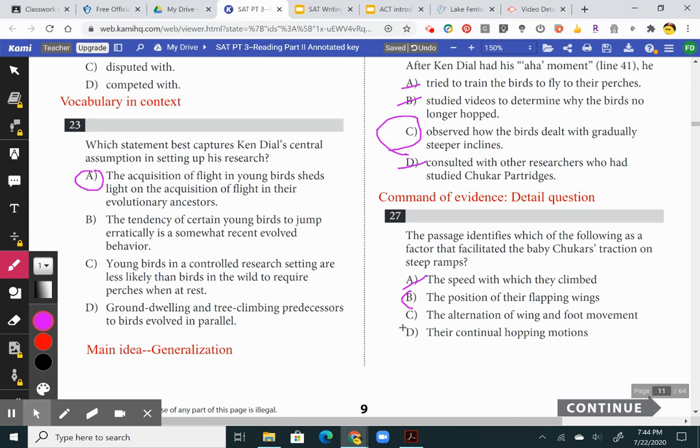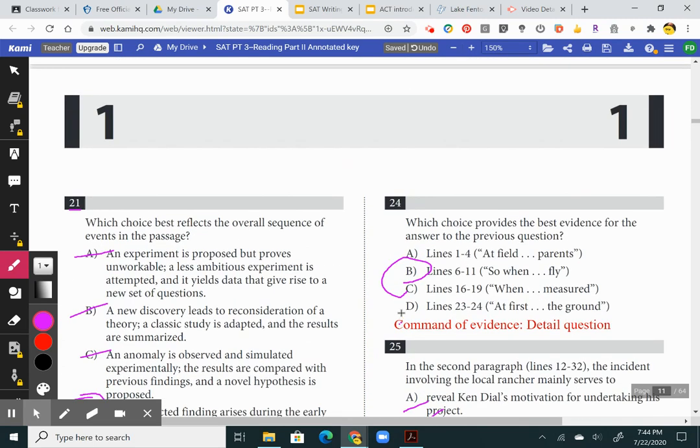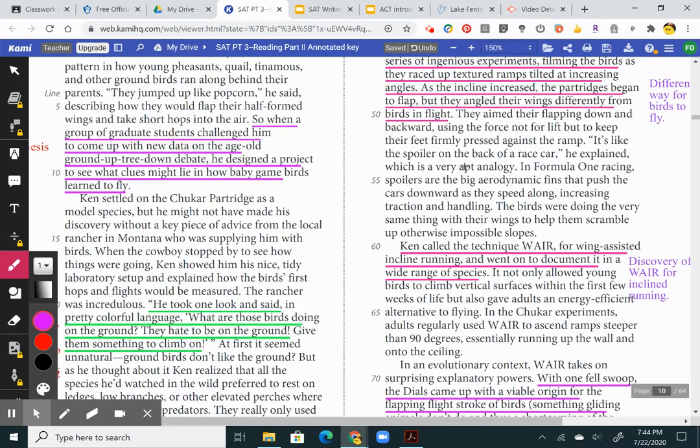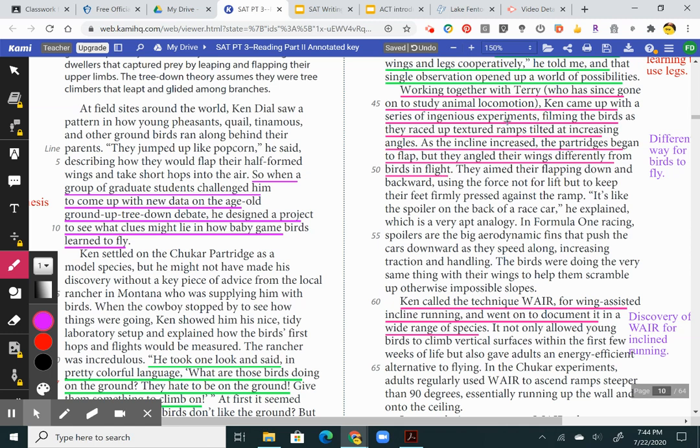So, where's the steep ramps part? Textured ramps and increasing angles, but they angle their wings differently from birds in flight. They aim their flapping down and backwards, using their force not for lift, but to keep their feet firmly pressed against the ramp. It's like a spoiler on the back of the race car.